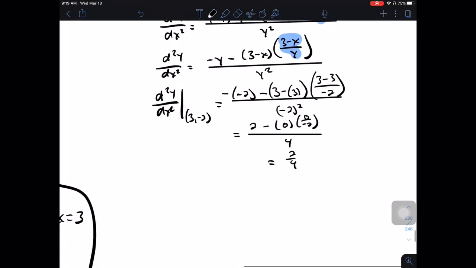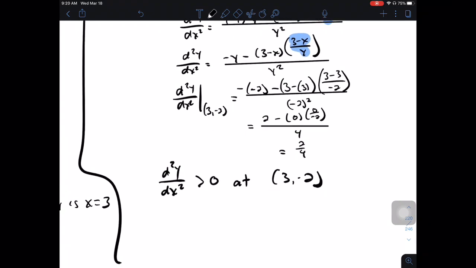The conclusion we can draw from this is the second derivative is greater than 0 at 3, negative 2. Therefore, f of x is concave up.